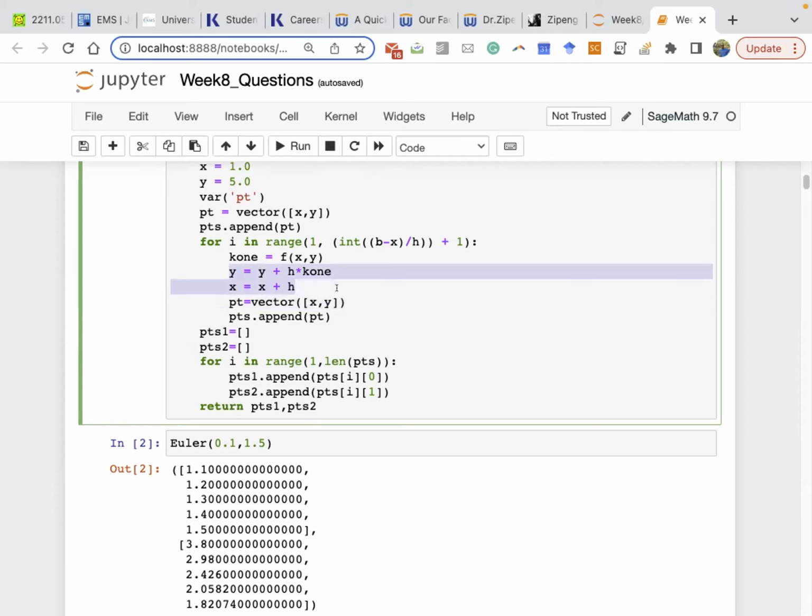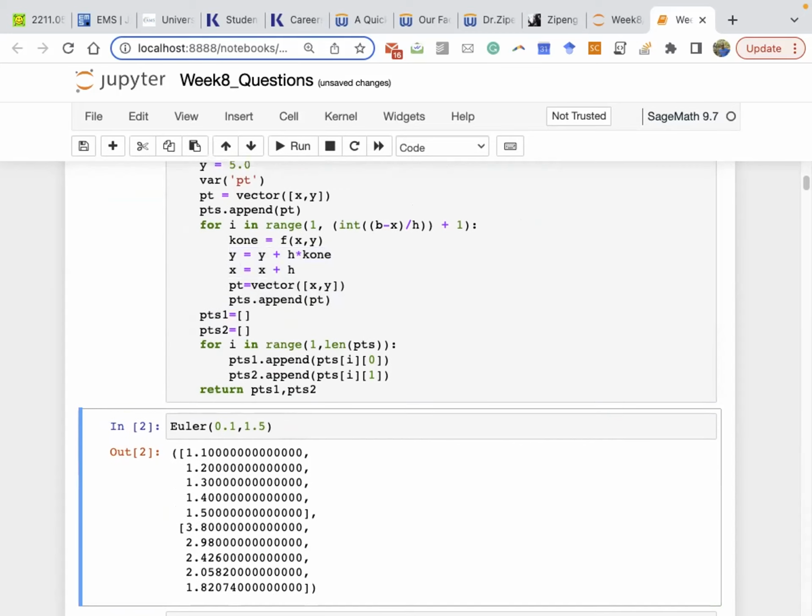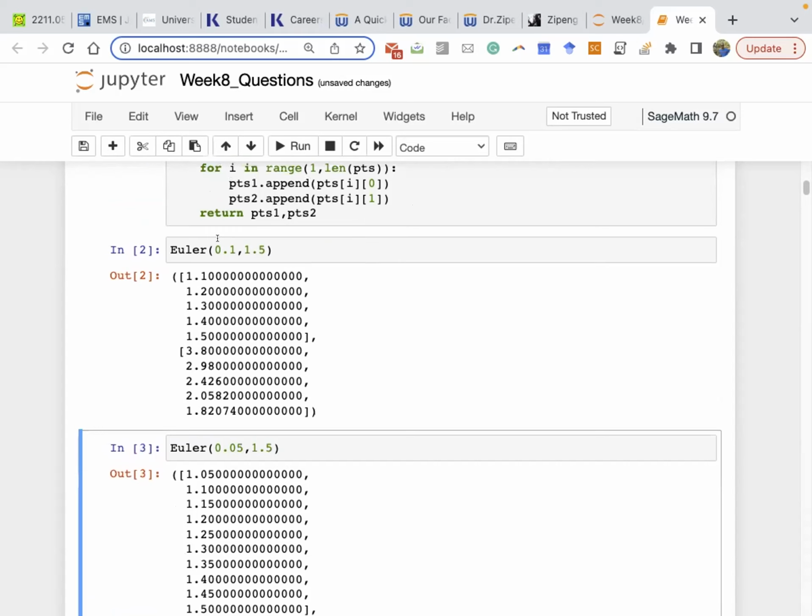After obtaining this, I assign them as a one-point vector, and I assign this vector to the list called PTS. So PTS has PTS1, PTS2. The first one is regarding the first elements, which are X's and Y's. So I've got this guy, so I can apply this. I can get this 0.1.